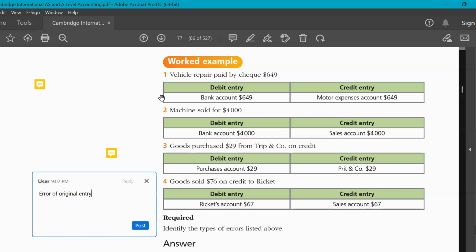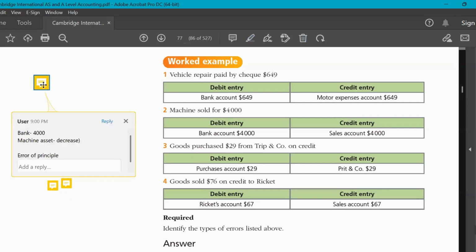So again, let's have a quick recap here. For the vehicle repair, the error type is reversal, because correct accounts but wrong sides. Correct account, it's the same. The only wrong thing is they interchange.